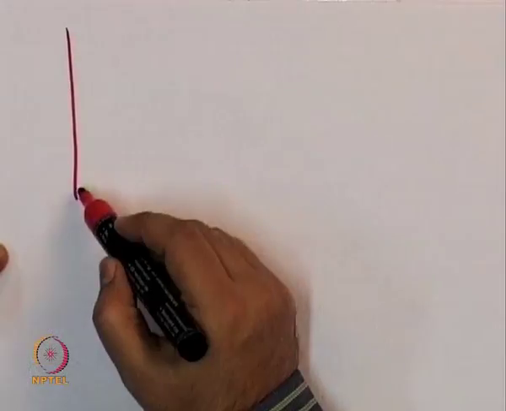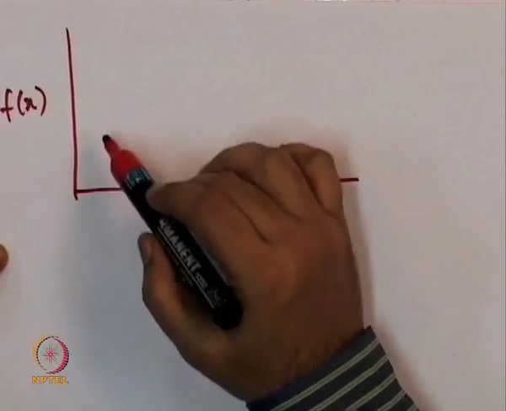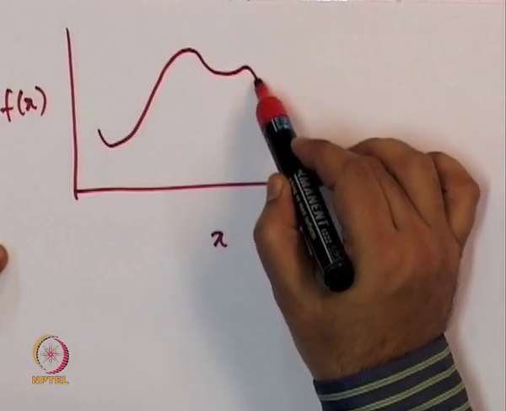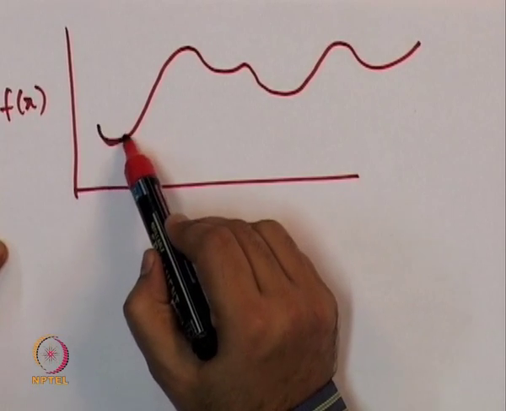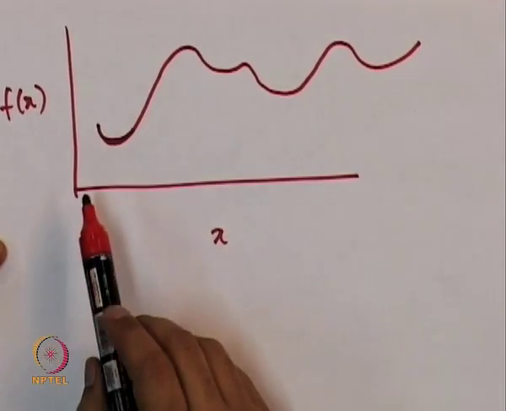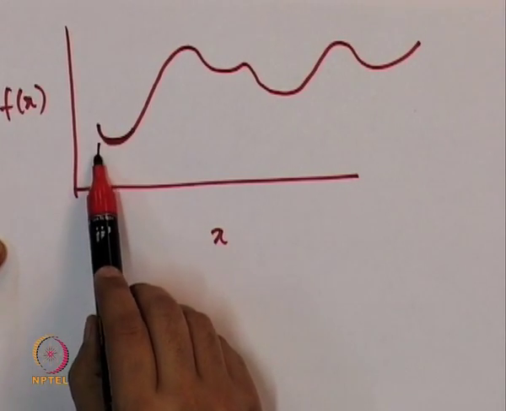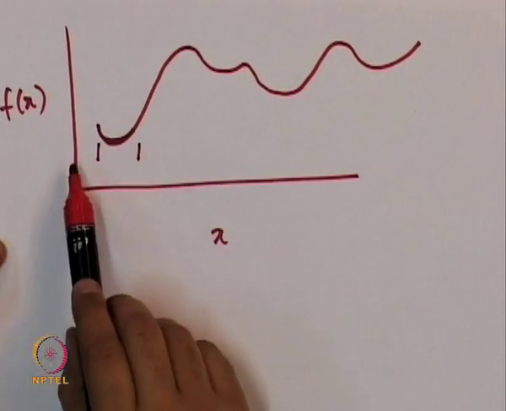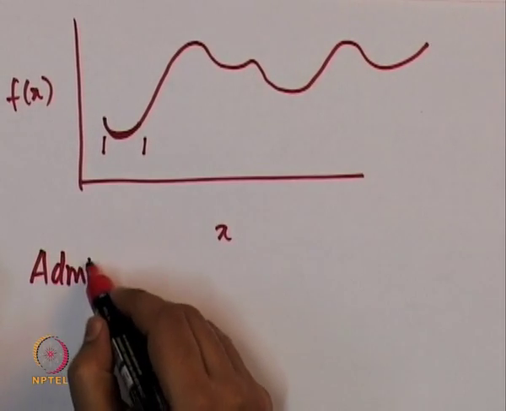There is one more notion, that is the local extrema. We consider a function, for example, f of x as a function of x. So, you have something like that, for example. When we are looking at these x's about the minima point, there is an admissible value of x.